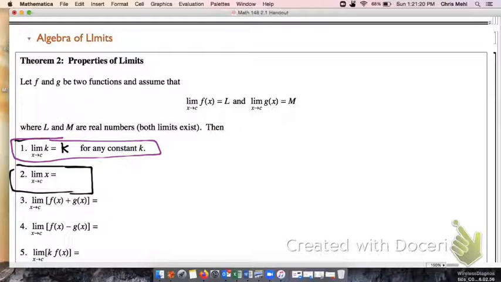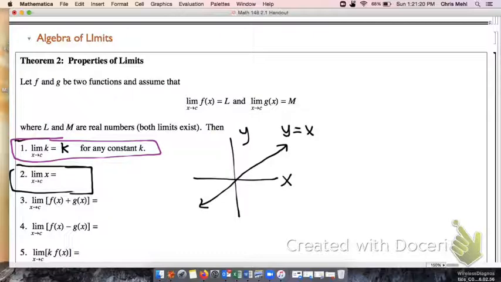What's the limit as x approaches c of the function y equals x? Well, the function y equals x goes through the origin, and you can think about it this way. The limit as x approaches c of x is saying, what is x getting close to as x gets close to c?